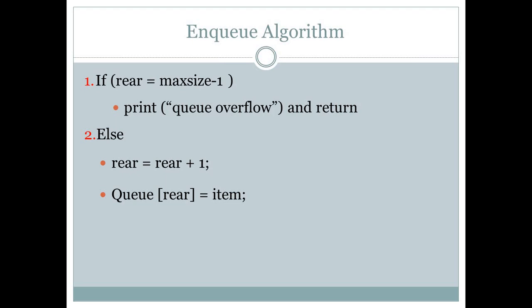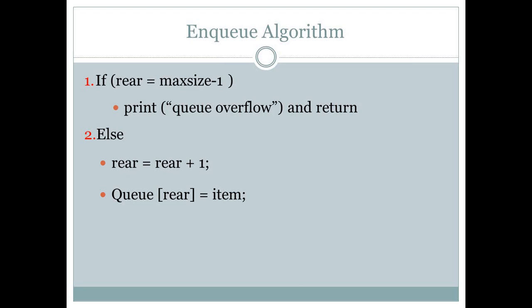And if our rear is not equal to max size minus 1, meaning we have space in our data structure, then we can perform our enqueue operation. To add an element, we have to increase our rear, meaning rear is equal to rear plus 1.